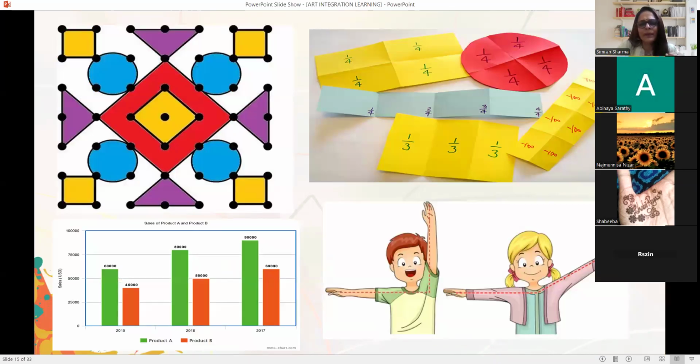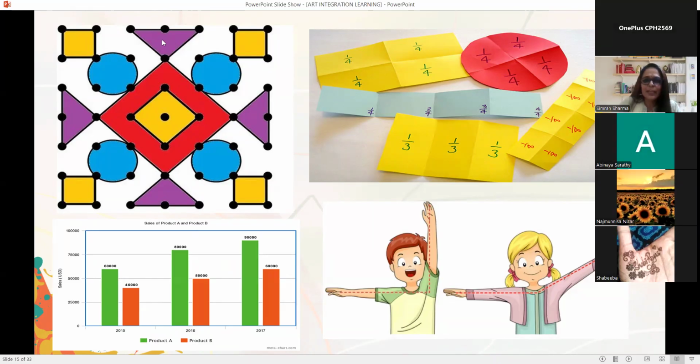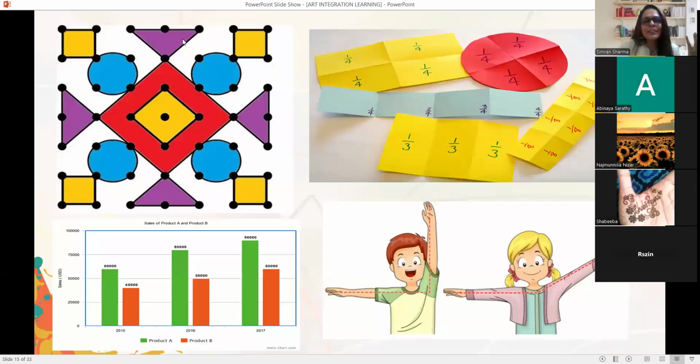Another method to learn different shapes. The first one has lots of shapes like the triangle, circle, square, etc. Fractions can be taught by folding paper in different ways.